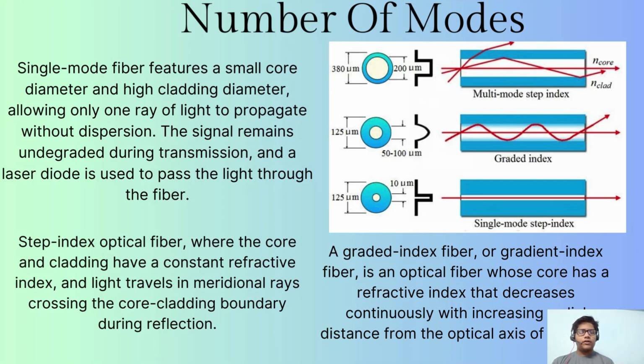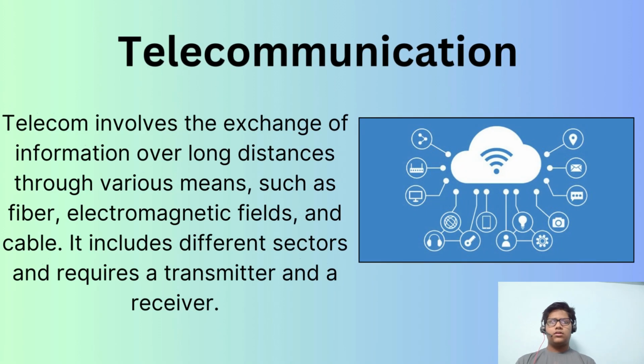Graded index optical fibers show a gradual decrease of refractive index from the core to the cladding, which helps to reduce dispersion and enhance the bandwidth of the light wave, and they're mainly used for shorter distance data communication.